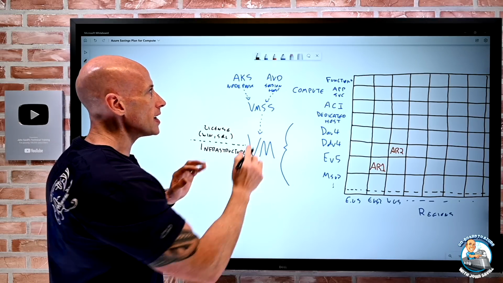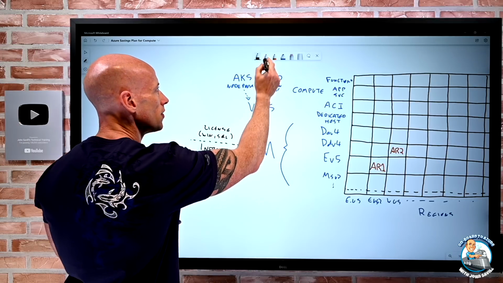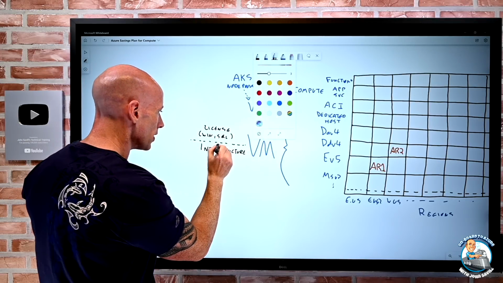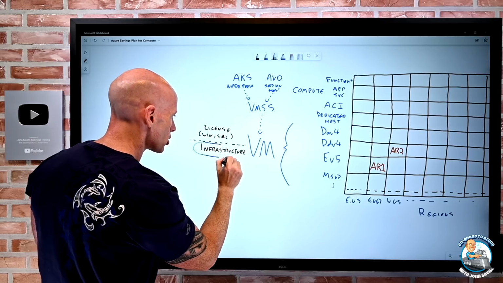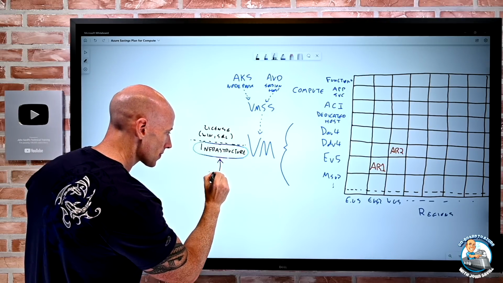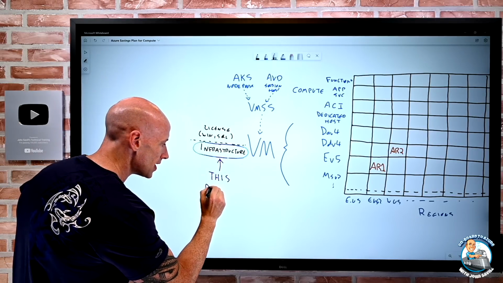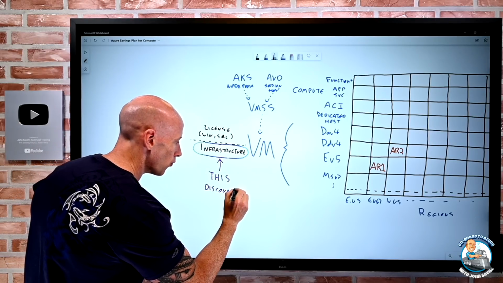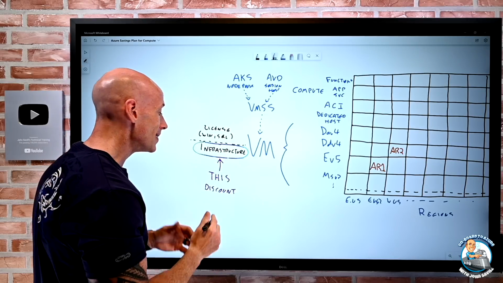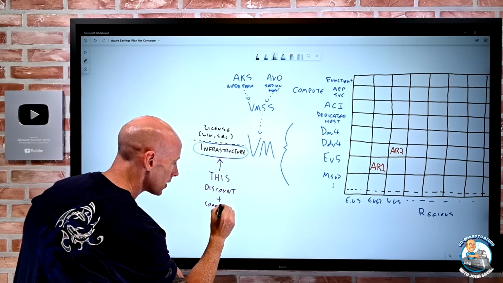And the whole point is, when we talk about all of these different types of reservations, the bit we are focusing on, and this is important, is the infrastructure part of the cost. This is the part that's going to get the discount, for example, the Azure Reservation and the Savings Plan we're going to talk about, and it's also what counts towards our commit.